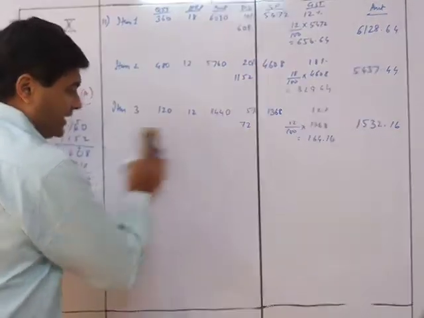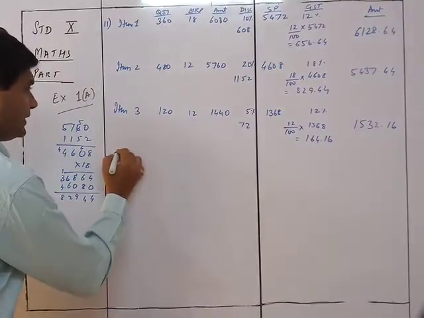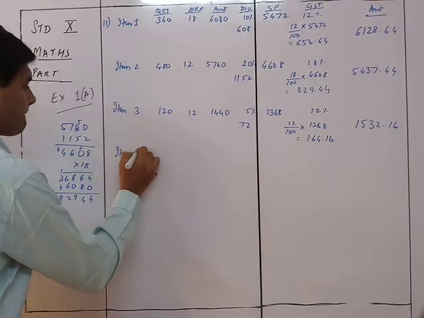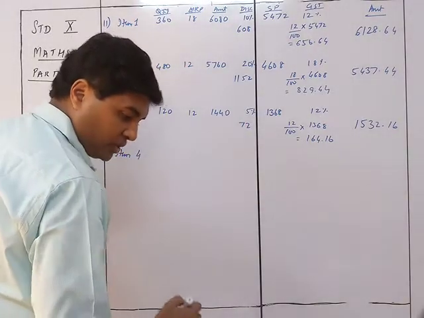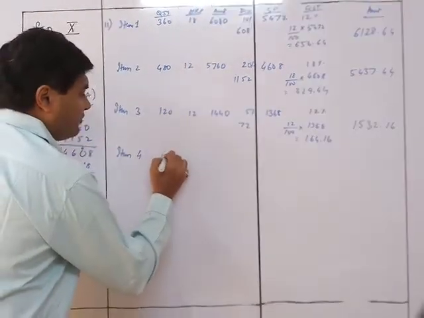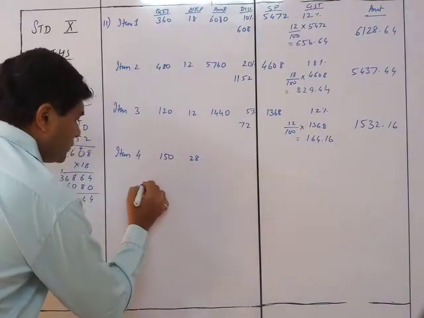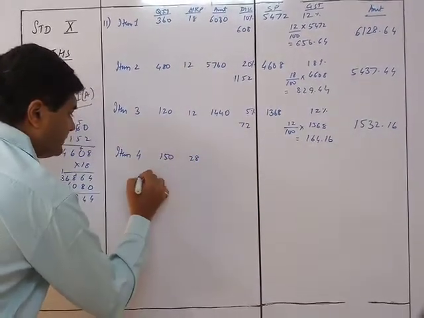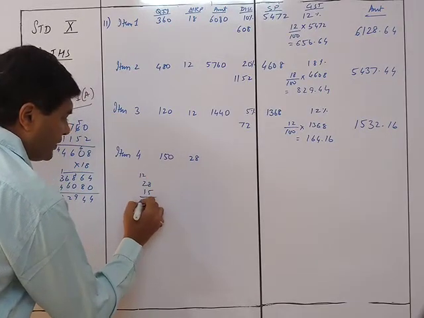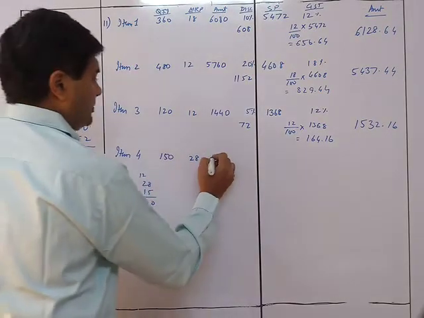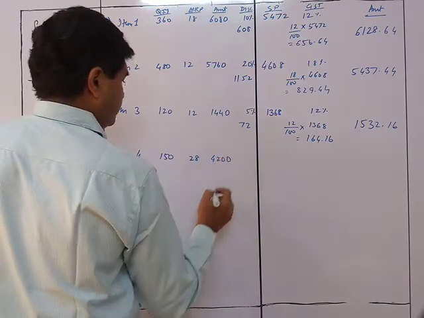We move to the next one, that is item 4, that is costing 150 articles for 28 rupees each. Okay, so 28 into 15, 15 is the 120, 15 is the 30, 40, 42. So that is going to be 4200.